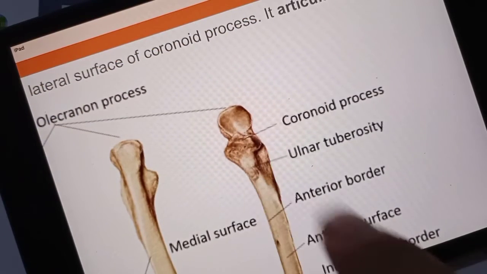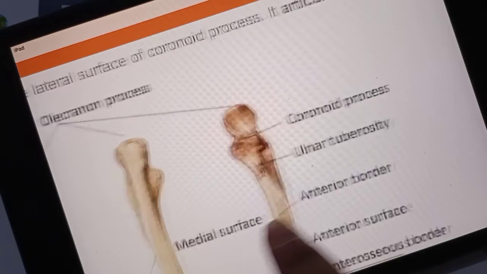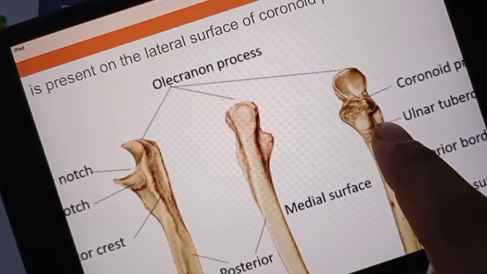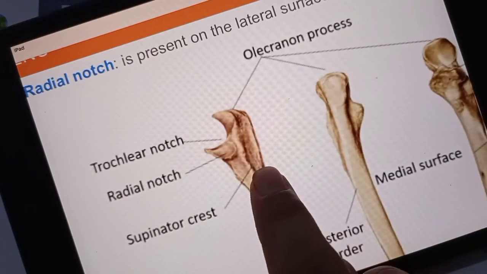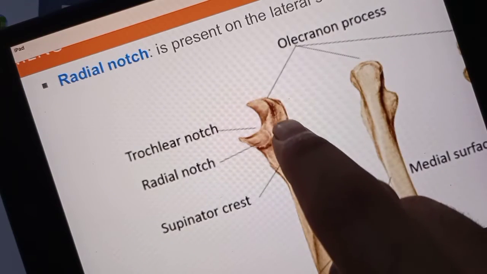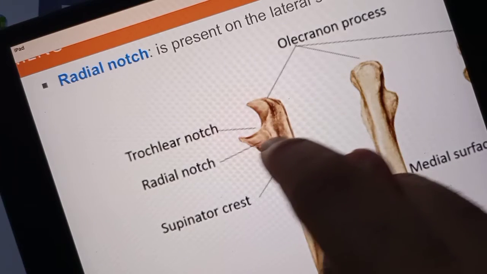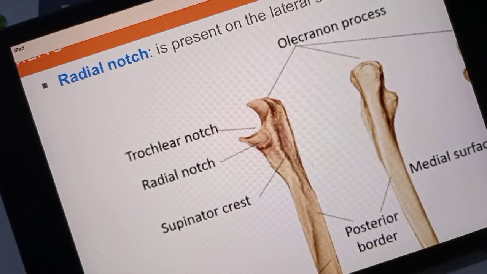If we talk about the proximal end, you can see in the three diagrams, this is the anterior view, posterior, and this is the lateral view. From the lateral view, you can see there is a small projection above and one below, and between these is the trochlear notch.